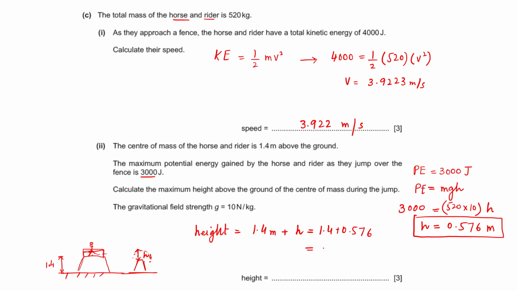It is approximately 1.976 meters. So you can say that approximately 1.976 up to 3 decimal places is the right answer, or the best scientific method. Some will say approximately 2 meter is good, but generally it's good to say 1.976 meters. Overall, the maximum height above the ground of center of mass during the jump will be 1.976 meters.